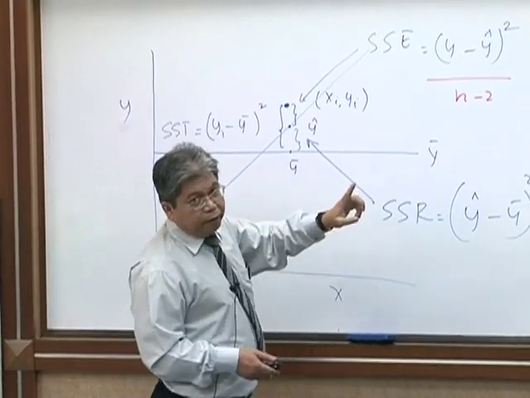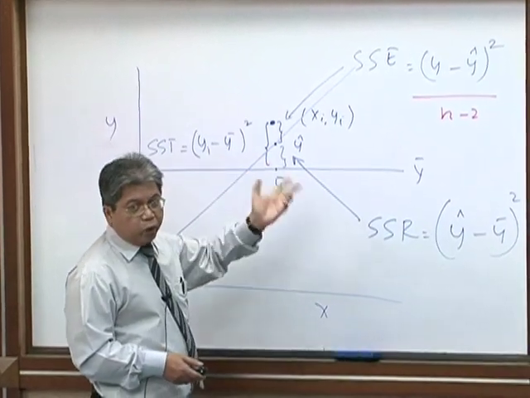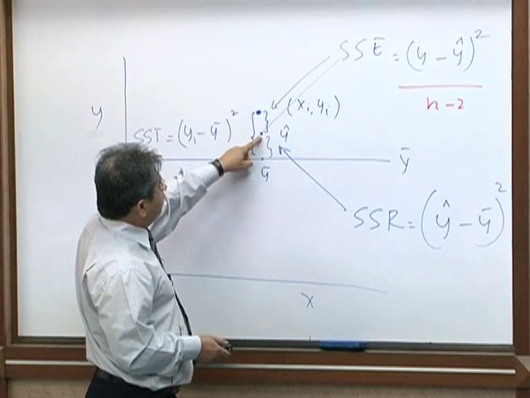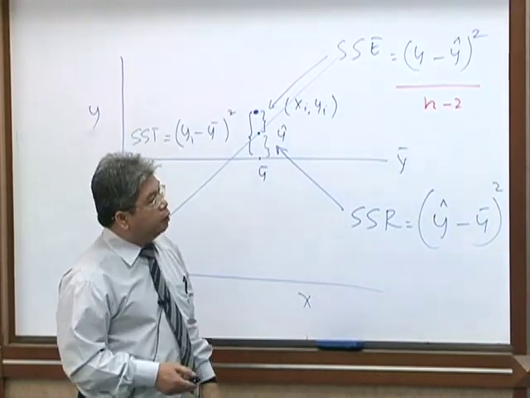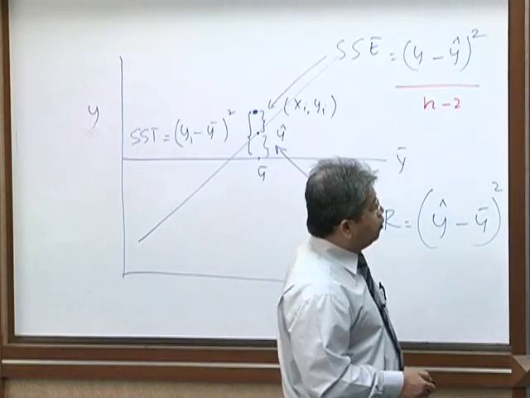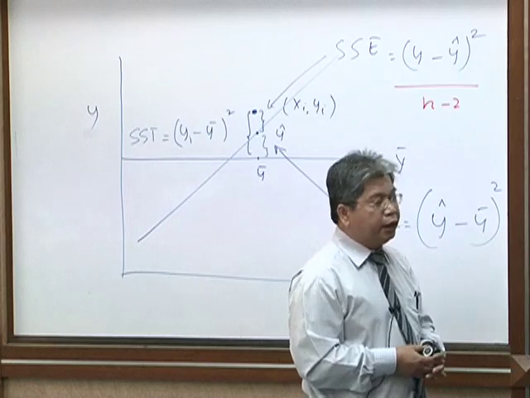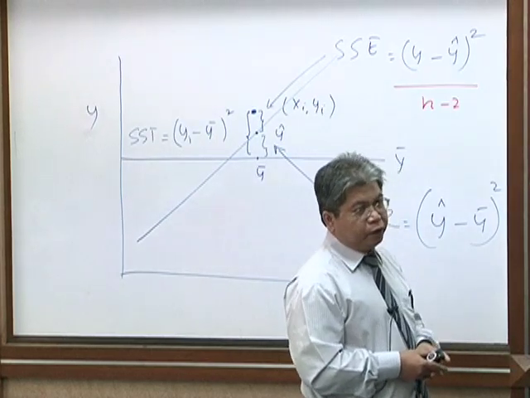If the points are exactly on the line, we have R square of 1. So therefore, R square can have a value between 0 and 1. The higher the R square value, the better the equation is.